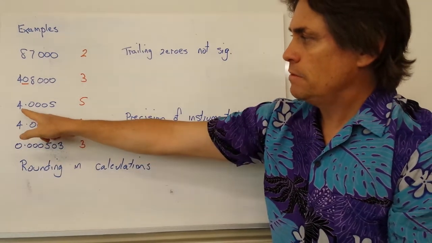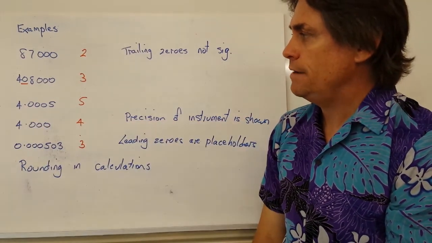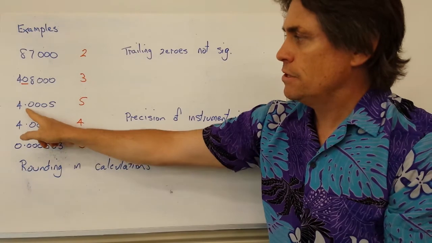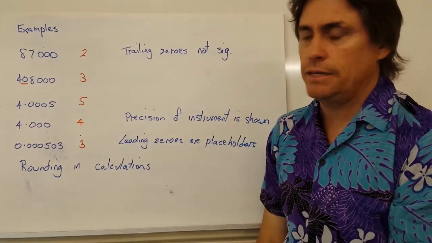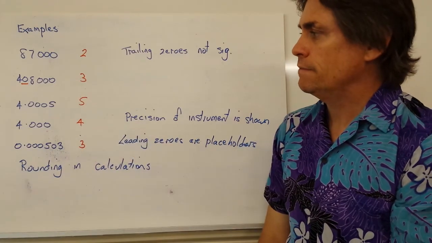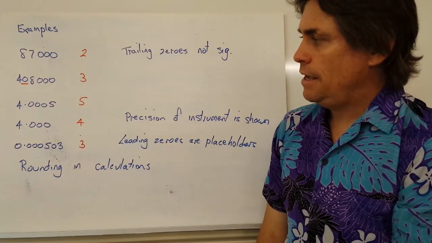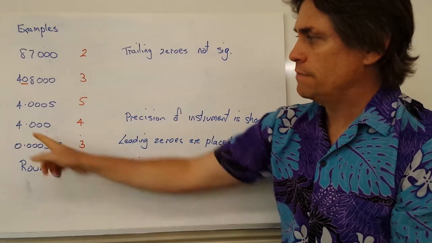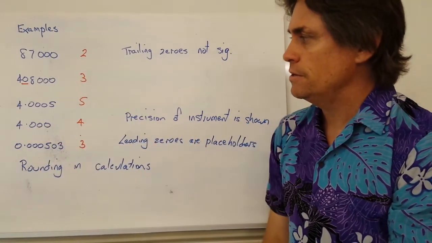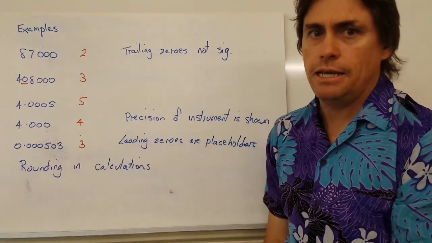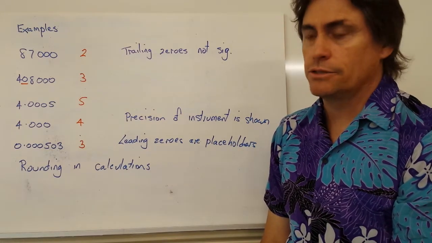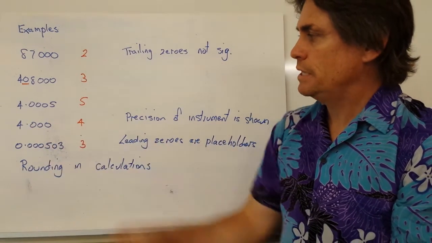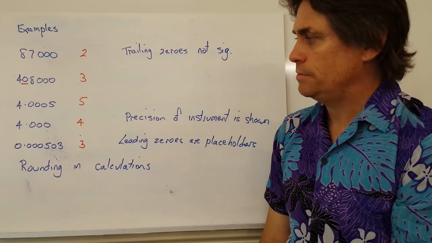For the next example, 4.0005, all of our zeros sit between non-zeros. So all the zeros here are significant, therefore we have 5 significant figures. In our fourth example, we have the number 4.000. The zeros are represented here as a measure of the precision of our measuring instrument, therefore they are significant. So we have 4 significant figures in this particular example.